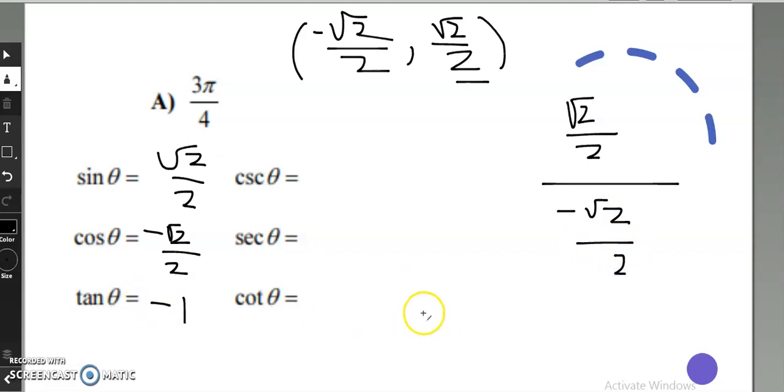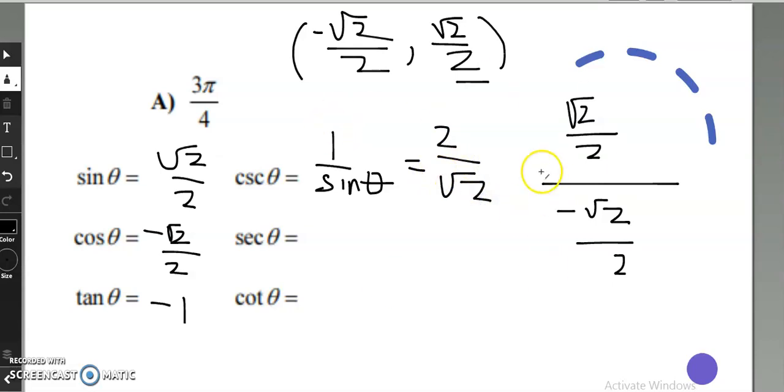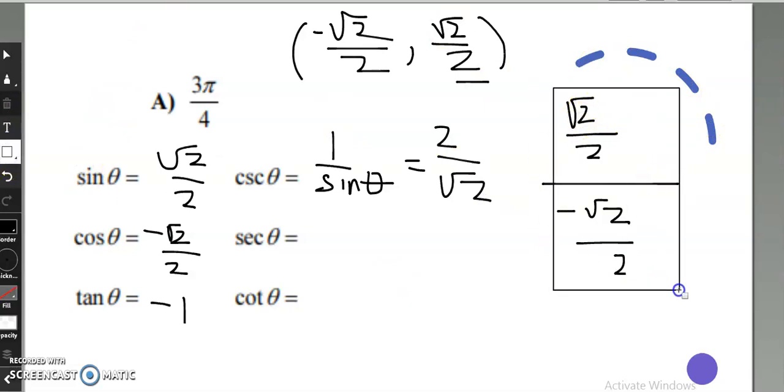Okay? All right, so now cosecant. Cosecant is 1 over sine. So basically it's the inverse that we have here. So basically it is 2 over root 2. Now the thing about advanced math, let me actually delete this so I have a little bit more room.